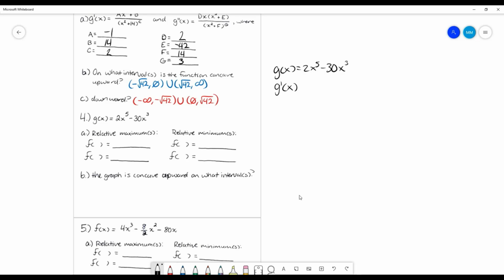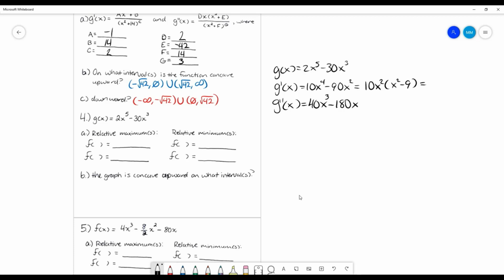First derivative is going to be 10x to the 4th minus 90x squared. Second derivative is going to be 40x cubed minus 180x. And I'm going to rewrite this with a factor of 10x squared.